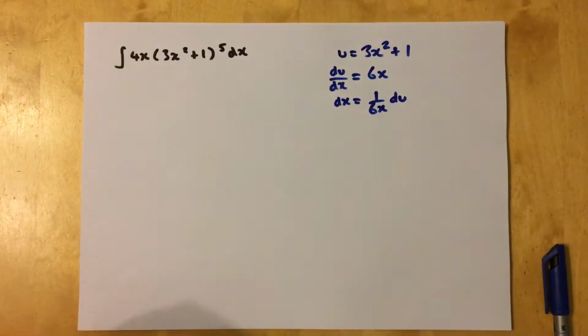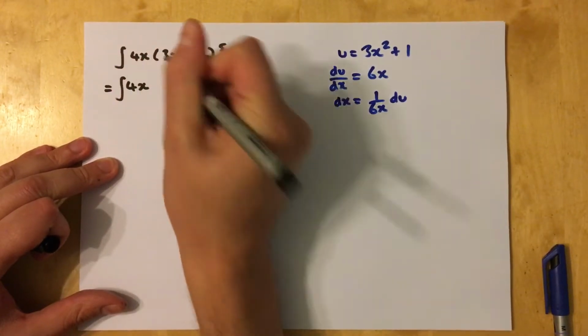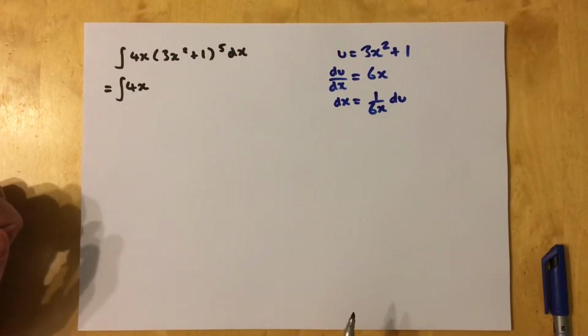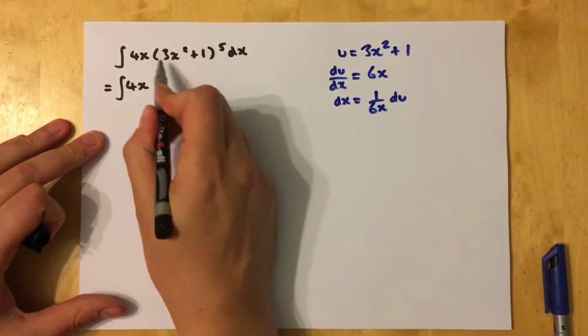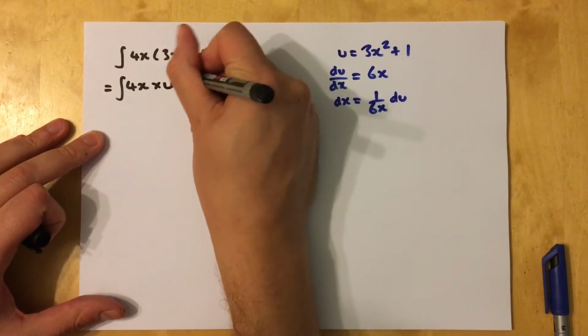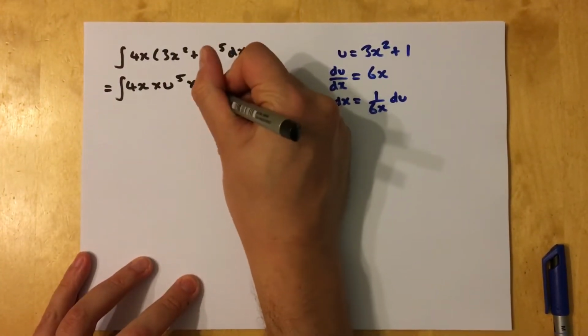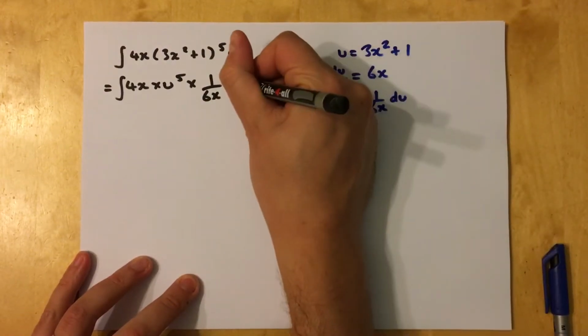So I'm going to go back over here. That 4x, there's nothing I can do with that at the moment. I can replace all of this though just with u, so 4x multiplied by u to the power of 5. And then the dx becomes 1 over 6x du.